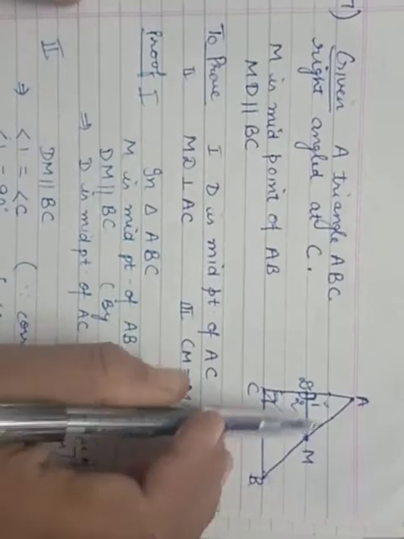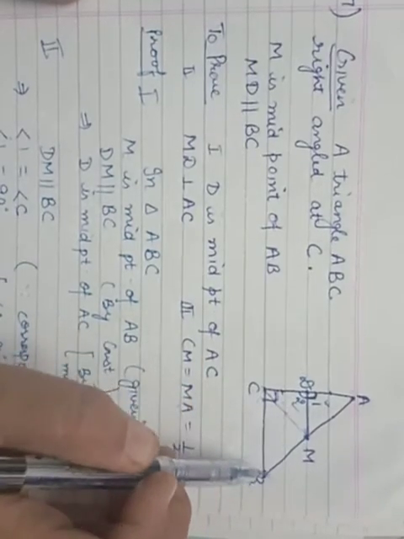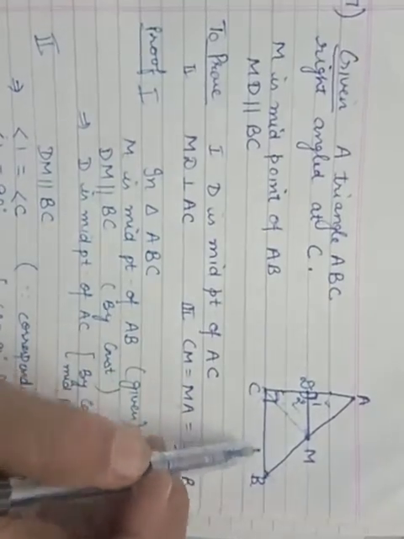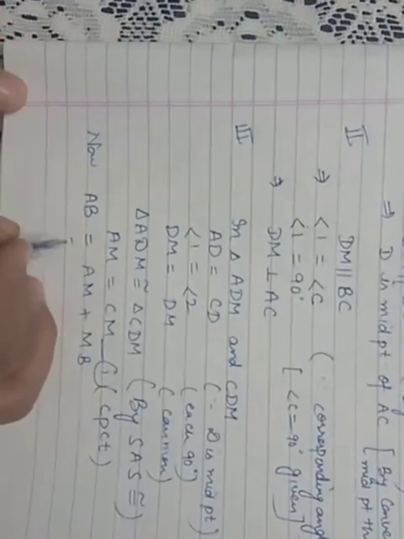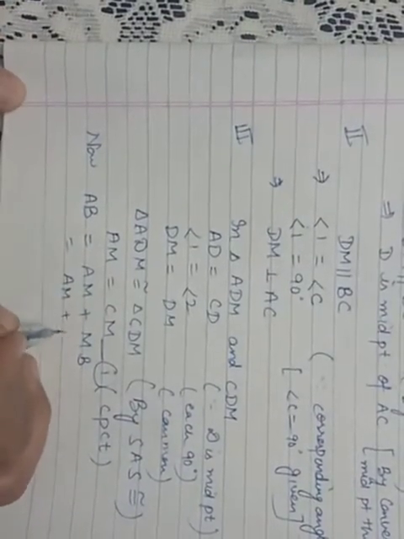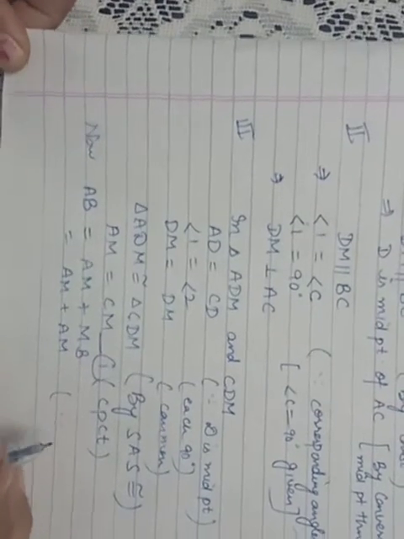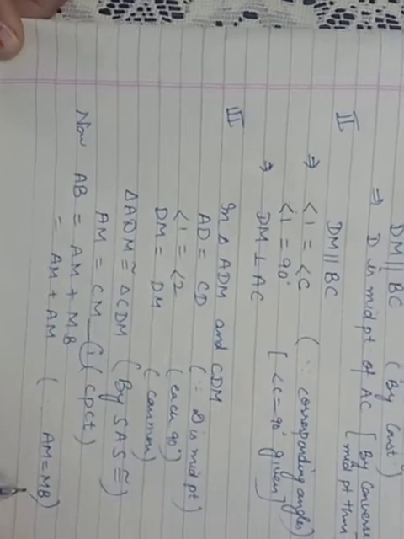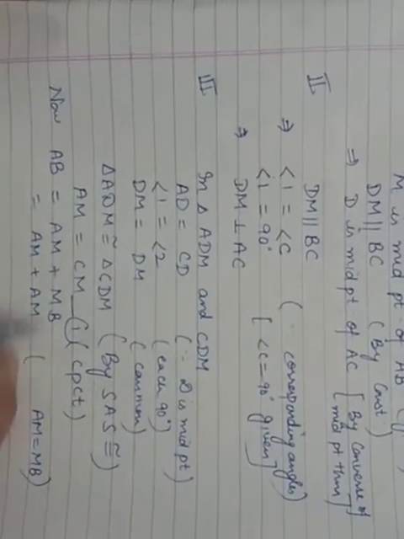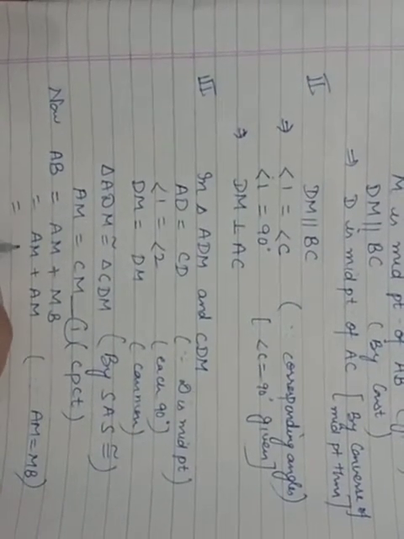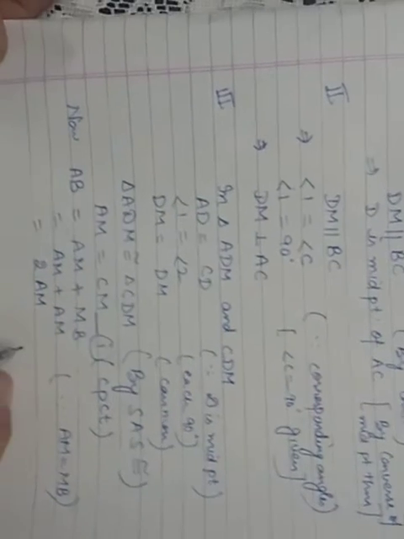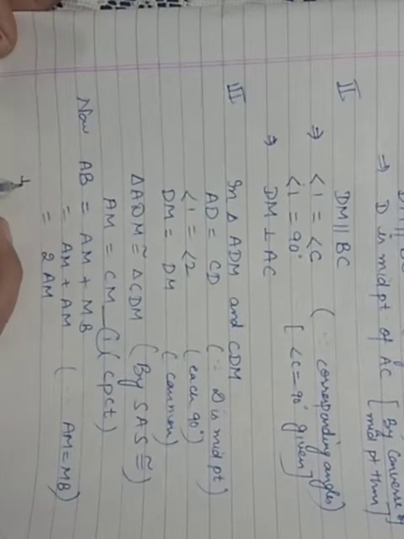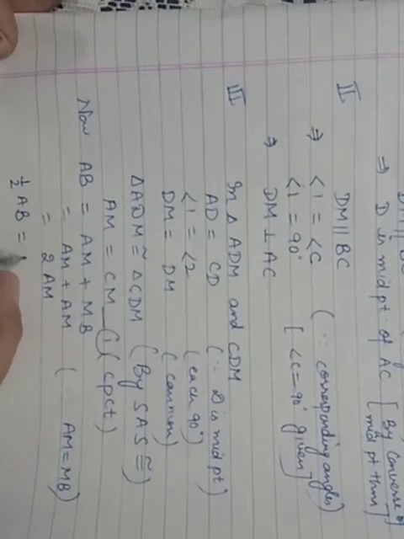AB can be made of AM plus BM, but M is a midpoint, so AM and BM are equal to each other. So we can write MB as AM, because AM is equal to MB, as M is the midpoint. So in place of MB we have put AM. So we get 2AM, or this implies half of AB is equal to AM.